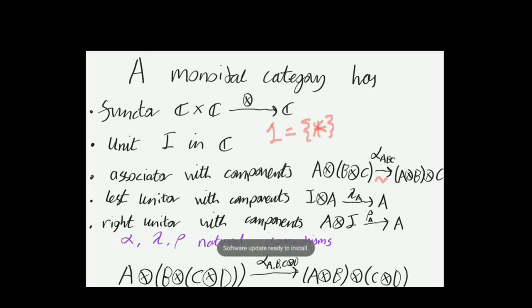And so I times A, that's going to be a pair. And so an element of I times A is going to be something like star comma little a. And we can just change that to little a, just rubbing out this redundant star here. And that's what our left unitor would be doing if we're looking at Set as an example of a monoidal category.